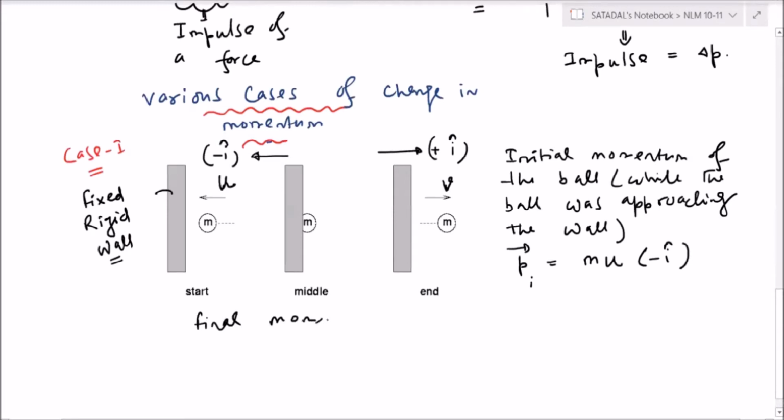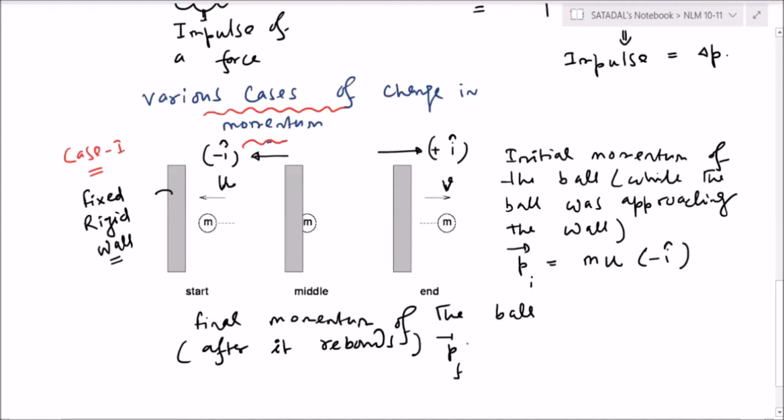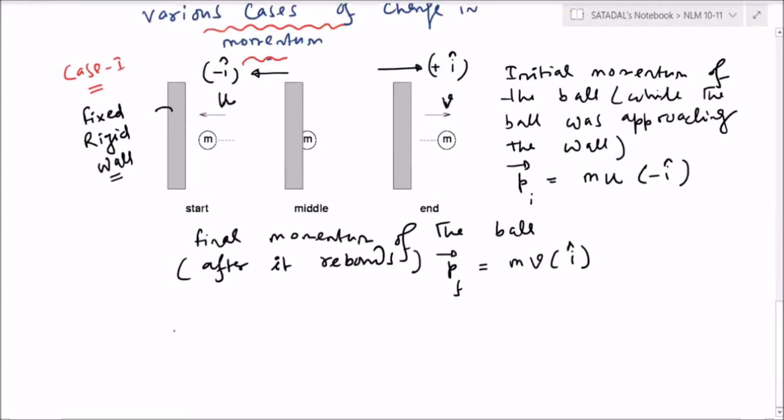Right. Next, final momentum of the ball. So final momentum of the ball means after it rebounds from the wall, correct? So that p_f vector, how much are you going to have? mv into plus i cap, right? Okay.